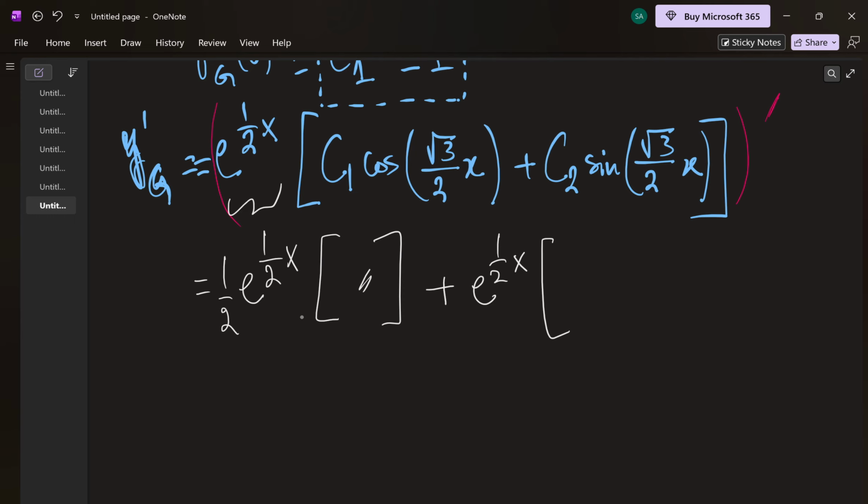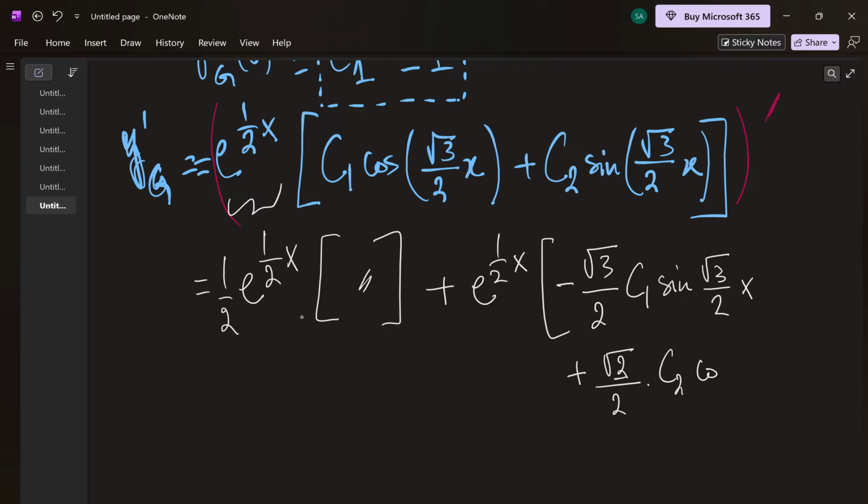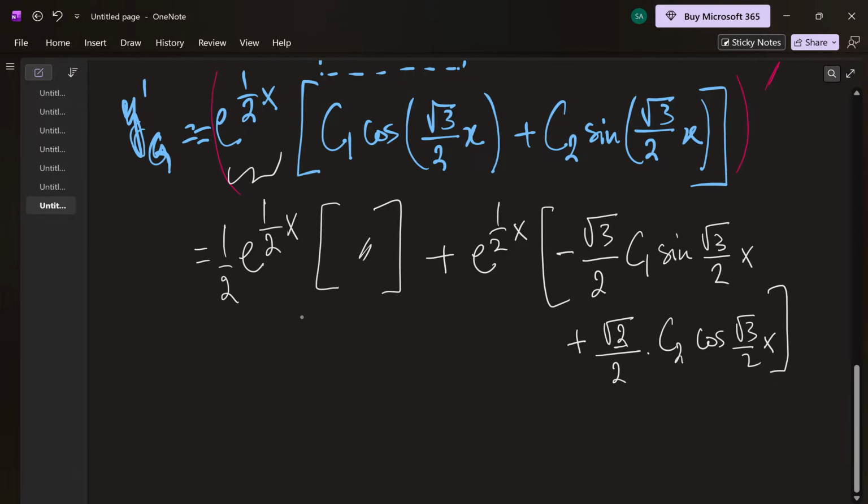And remember that we have inside the square root of 3 over 2, so it will be something like this: minus the square root of 3 over 2 c1 sine square root of 3 over 2x, and the derivative of sine is cosine, so it is equal to plus the square root of 3 over 2 times c2 cosine square root of 3 over 2x.